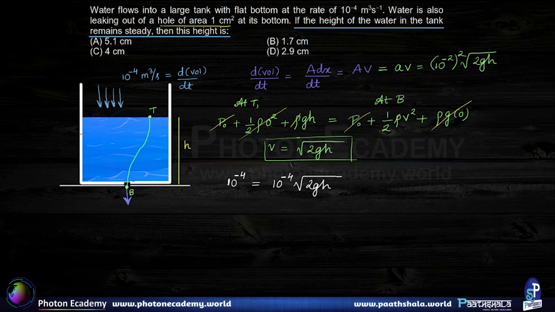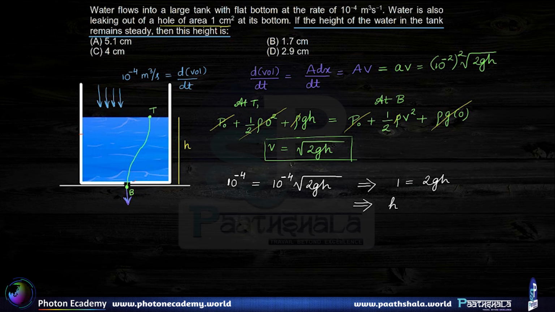From this we get 1 is equal to 2gh. That implies h is equal to 1 upon 20 meters.